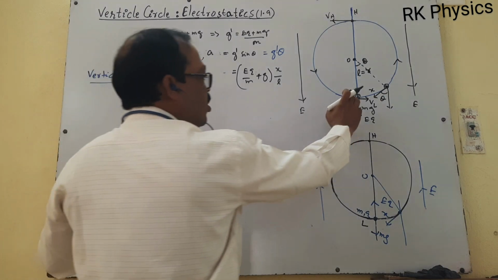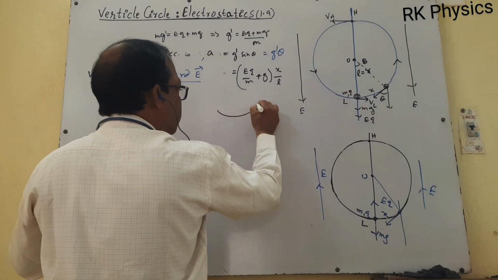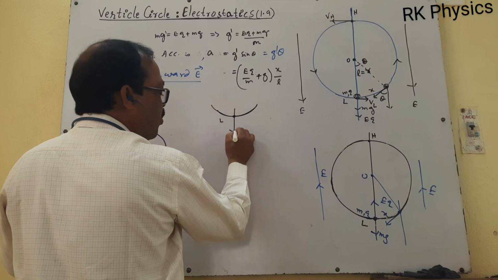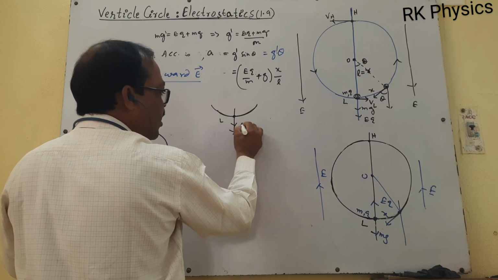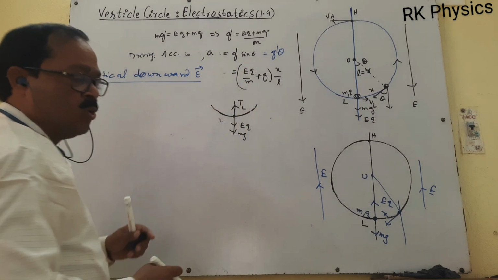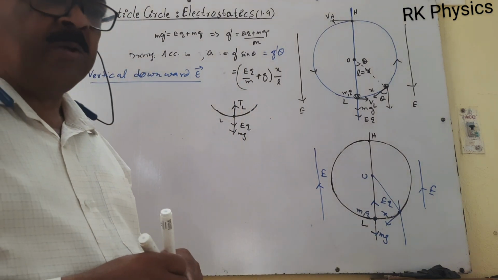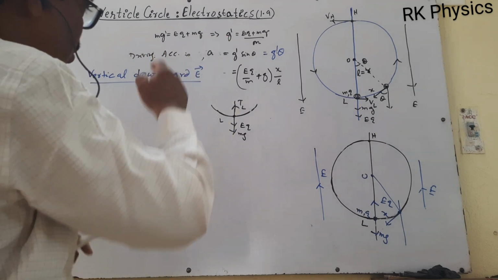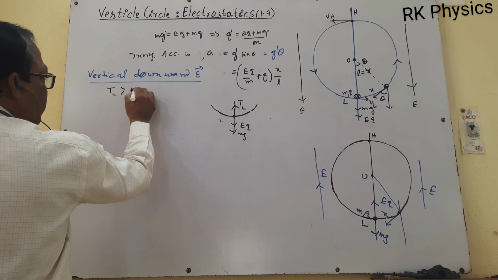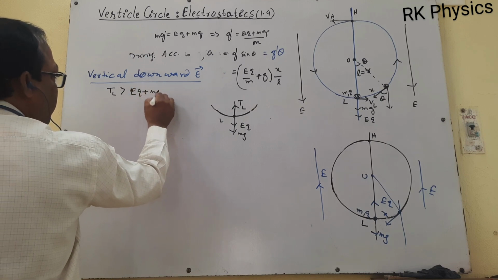Now come to this point. This is the point L. The forces are mg and EQ, but tension TL is acting towards the center of the circle. Now the body is curved upward. That means TL is greater than EQ plus mg.